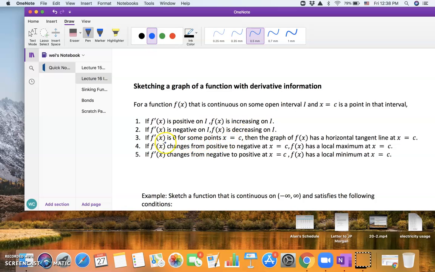If the derivative is zero, we're going to have a horizontal tangent line at that point. And if the derivative changes from positive to negative, the function is going to have a local maximum. When the derivative changes from negative to positive, the function is going to have a local minimum.